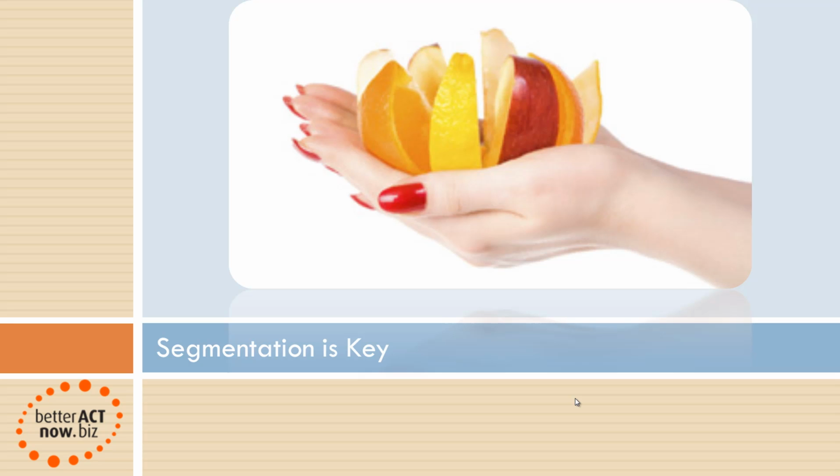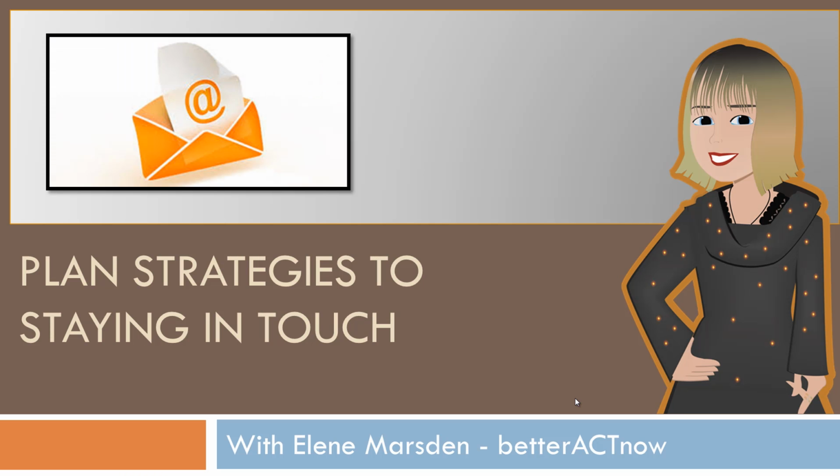So segmentation is absolutely key, and it's got to be easy. You've got to have a way of pulling people out of the whole database list, popping them into smaller groups or segments. So segmentation key.